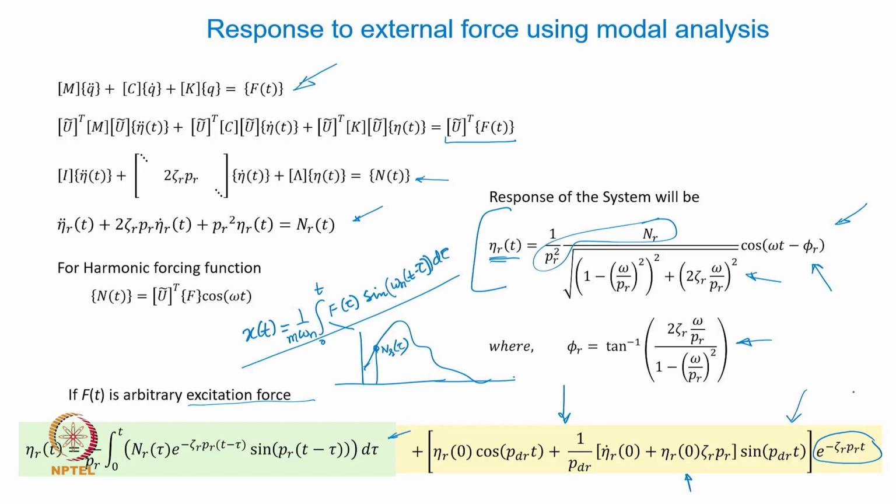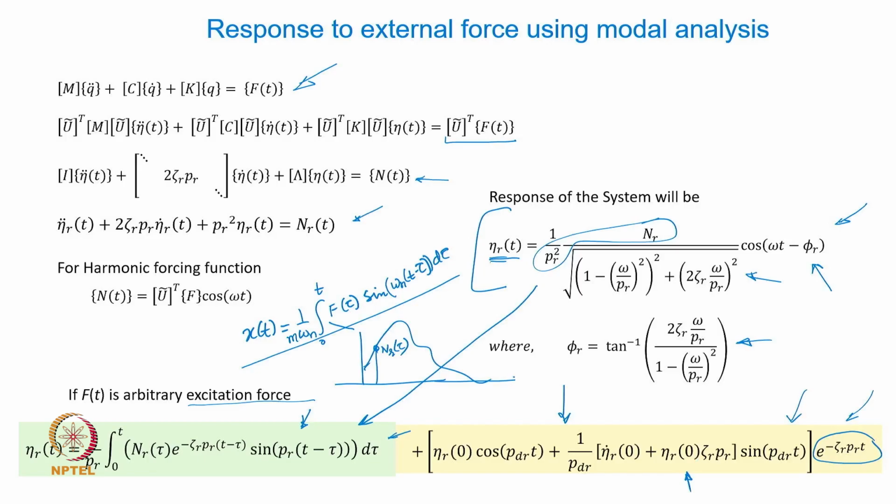But mathematically this is the complete response, and once eta r of t is expressed like this, in place of this convolution integral, you may have this part replacing it if it is a harmonic excitation case. This part is basically based on your initial conditions.